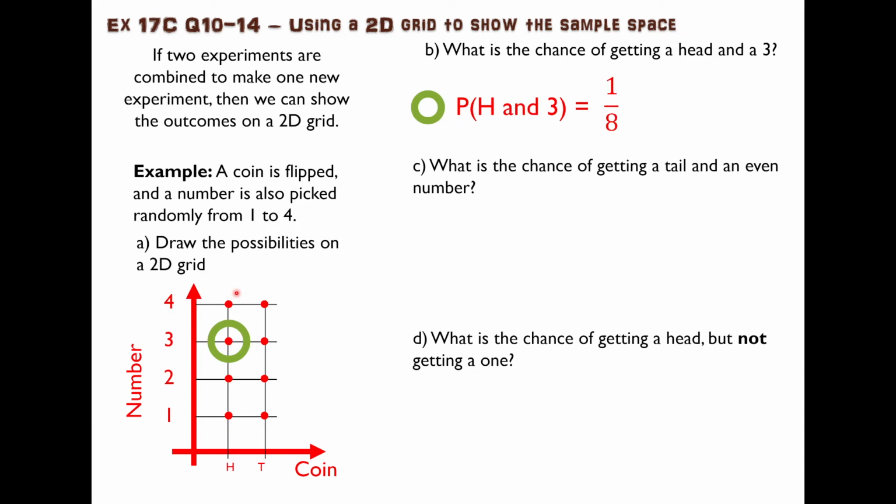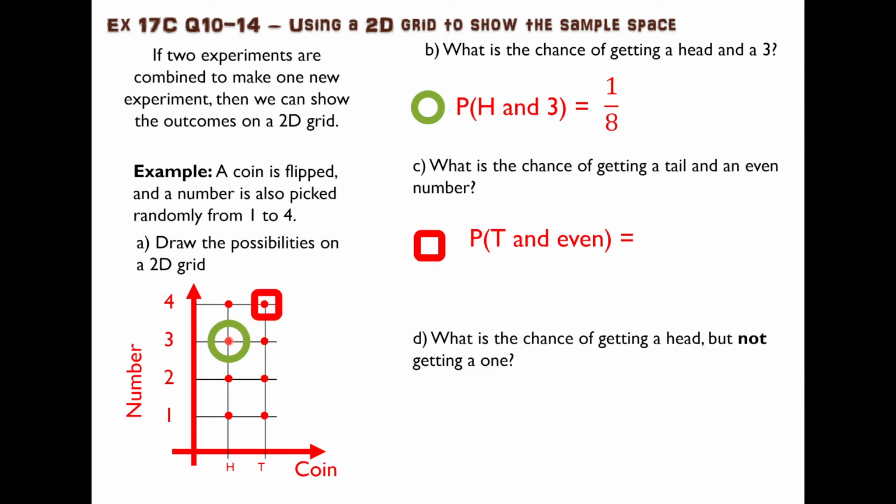because they're all equally likely. What is the chance of getting a tail and an even number? Well, let's go through them one by one. This is a head and a 4. That's not it. This one is a tail and a 4. Is this a tail and an even number? Yeah, that one counts.